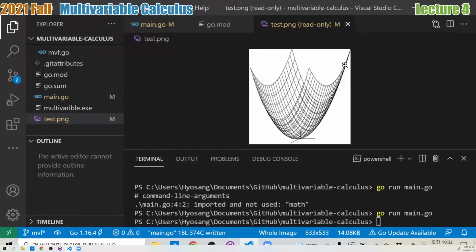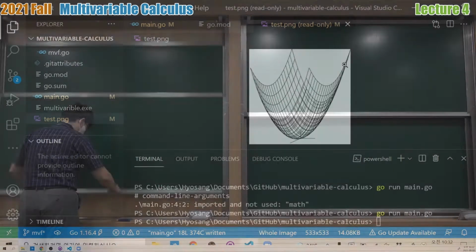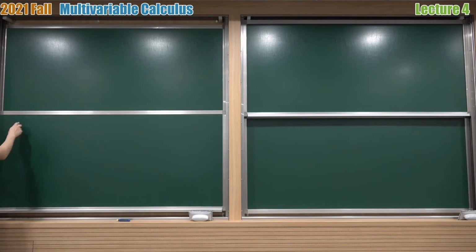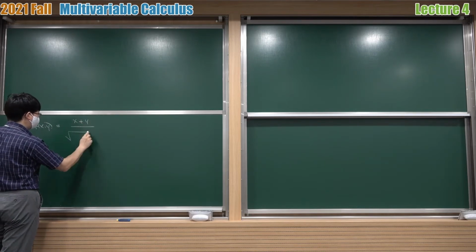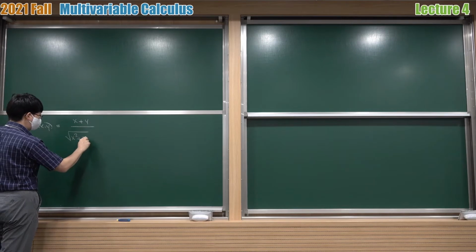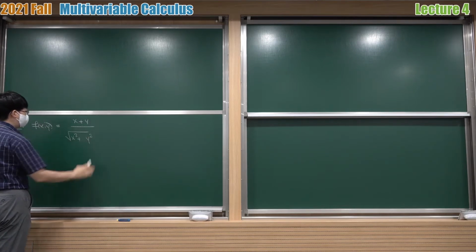But let's think about a weird two-variable function. This is a very nice function. I'm going to give a very weird function. So for example, let's say we have (x plus y) divided by (x squared plus y squared).